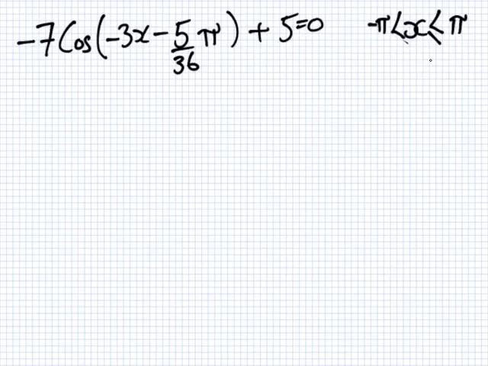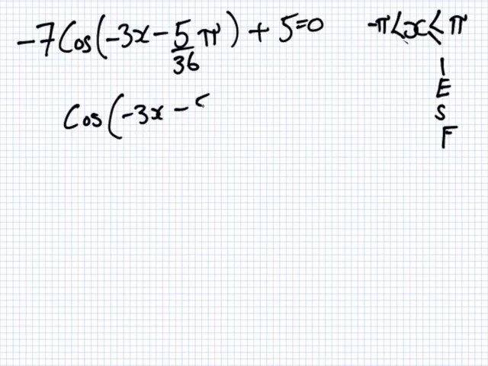So my steps are I, E, S, and F. So step 1 is to get the inverse. So here we can say cos of minus 3x minus 5 pi over 36 equals minus 5 over minus 7.